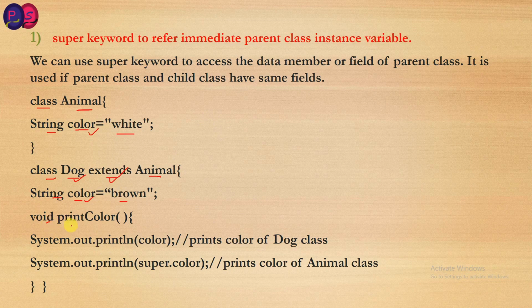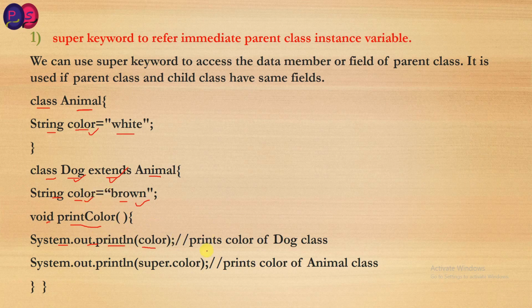Here we have created a method printColor. The return type is void. In that, if I say System.out.println, which is a statement for printing any value, and we pass only color, it will print the value of the local variable of this class.